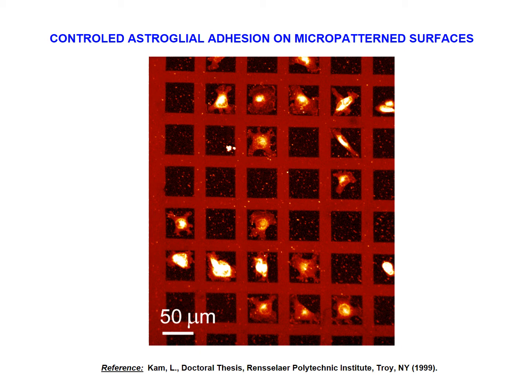The important result illustrated on this slide is the following. By playing with the relative surface area which one provides for the cell adhesion, one can literally direct one single cell adhering in one of these squares on the micro-patterned surface. This is a very important result that shows that with the appropriate chemistry, we biomedical engineers can control where the cells will be directed to go and to adhere.